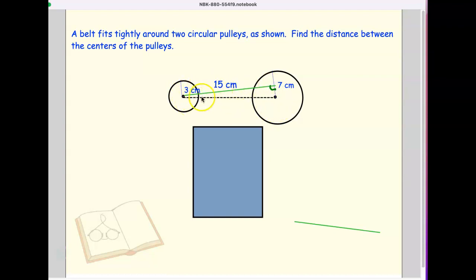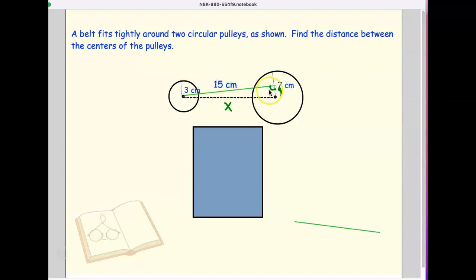So the lengths of the sides of our triangle: this one would obviously stay 15. The black dashed line is still what we're trying to find, but now this side has changed because we've dropped that whole side down 3 units. So if you do 7 minus 3, this side of the triangle is now 4.